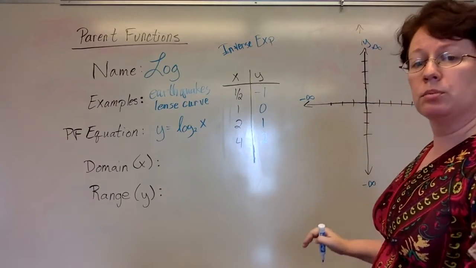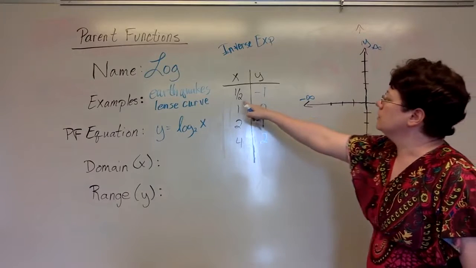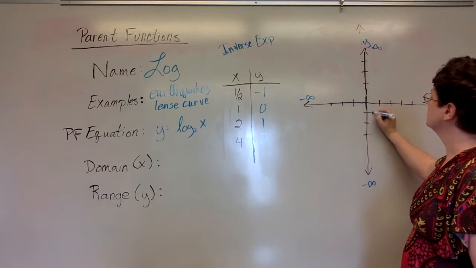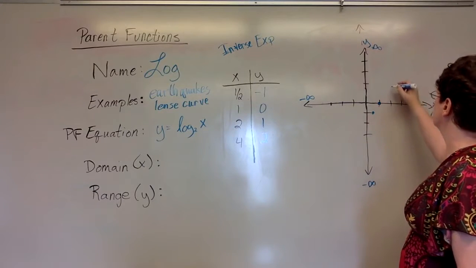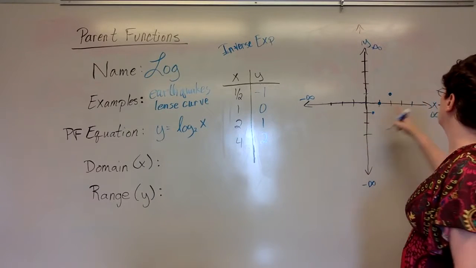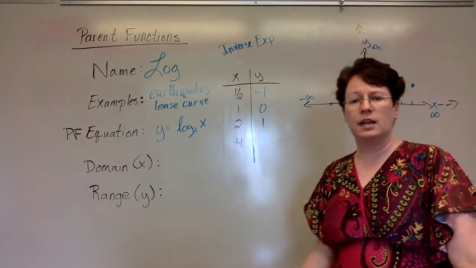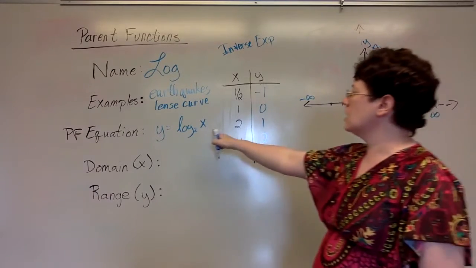Super easy. We're going to put these points on our graph. Easy enough. Okay, so at 1/2, we're at -1. At 1, we're at 0. At 2, we're at 1. And then at 4, we're at 2. You say, Mrs. Boots, you forgot the negative numbers. Guess what? X cannot be negative.